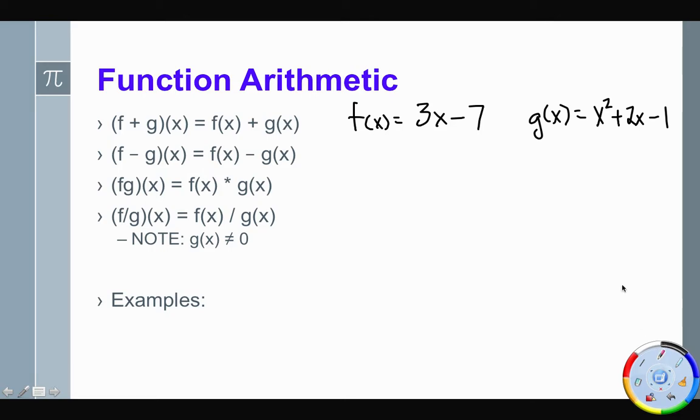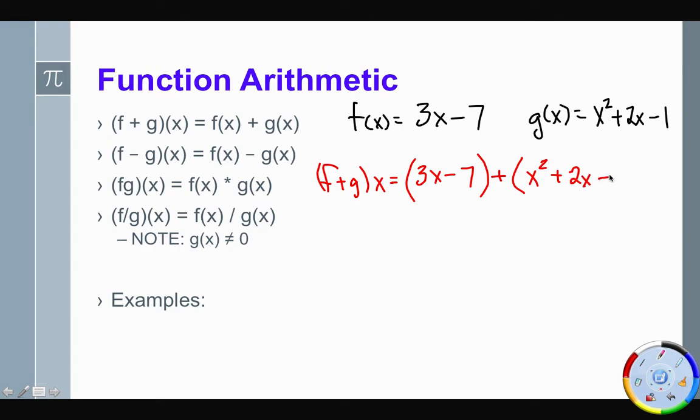All right, we can find f plus g of x. F plus g of x is just the sum of f of x. So we need to take f of x, and we need to add it to g of x.